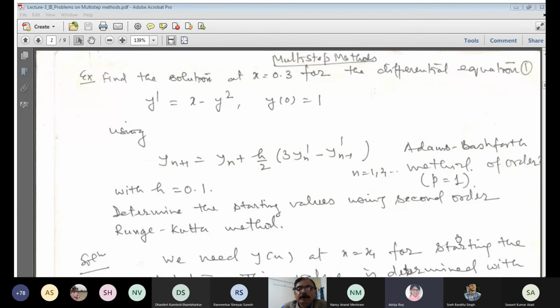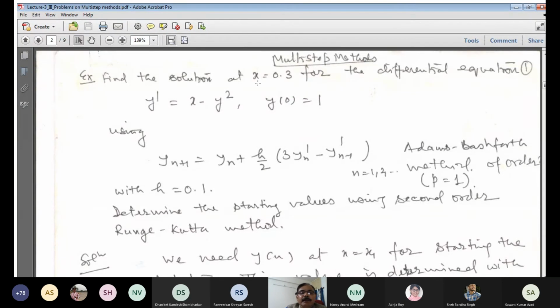Adrija? Yes, sir. The lines say find the solution at x equal to 0.3. Okay, fine. Because several screens are coming, I am not able to understand that.